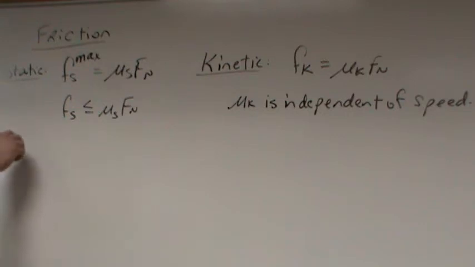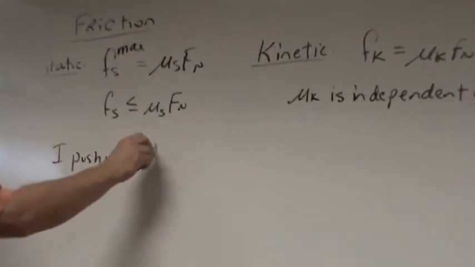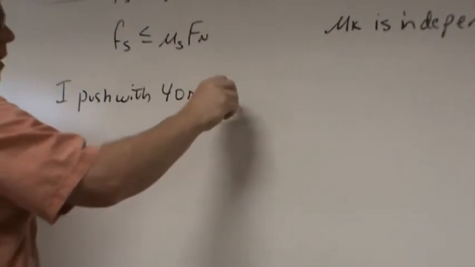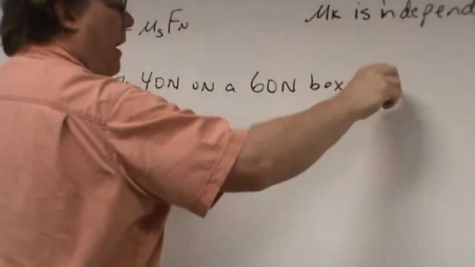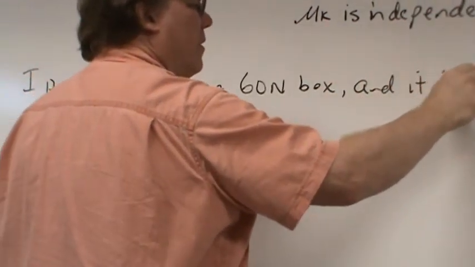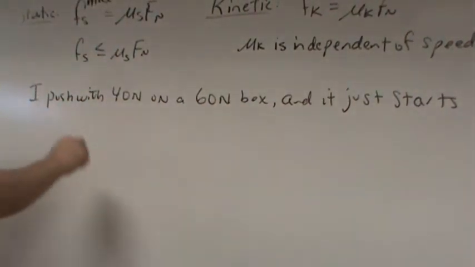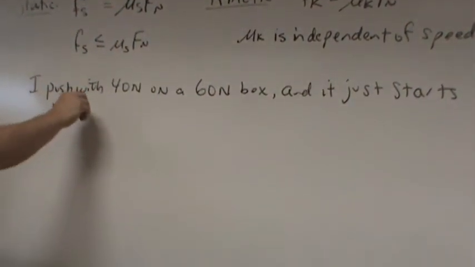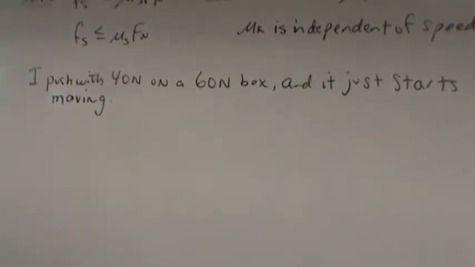Great. I need to give you another problem that involves static friction. Here it comes. I push with 40 newtons on a 60 newton box, and it just starts moving. That is, I just break the bonds of static friction.